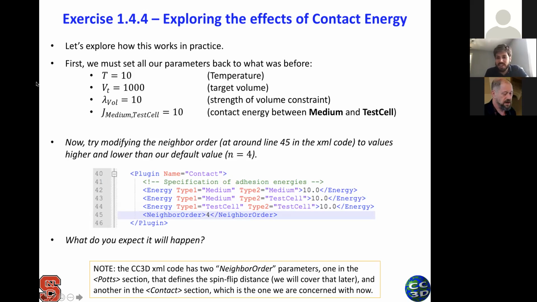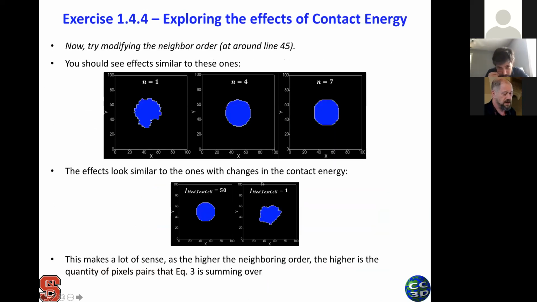So what did you guys get? Many say that when they use lower numbers, the cell looks rougher. And when you use a higher number, what happened? It becomes roundish. So that's exactly what should happen.